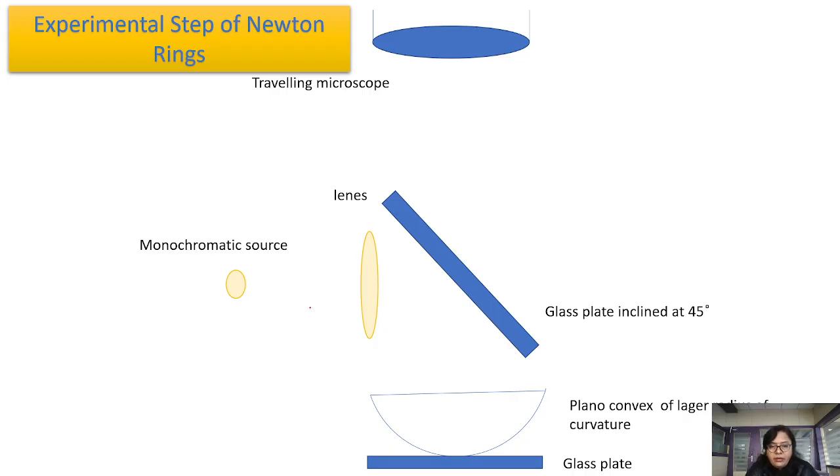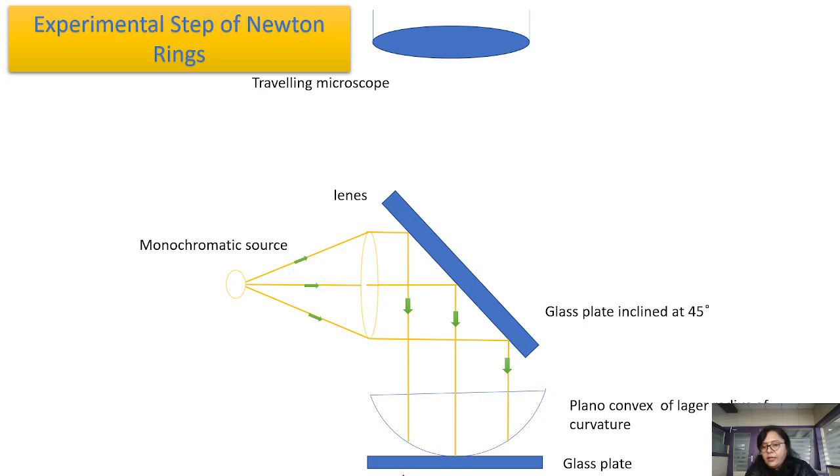Okay, so how does it work? When we start the light source, rays come towards the lens, and after that this light ray is incident over the glass plate. Now, because this glass plate is inclined at 45 degrees, it reflects the light at 90 degrees towards the plano-convex lens and glass plate assembly.